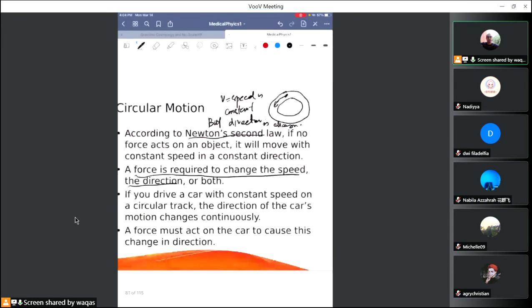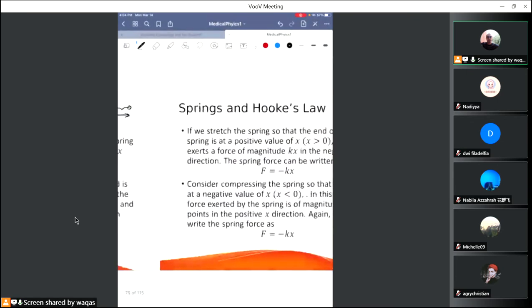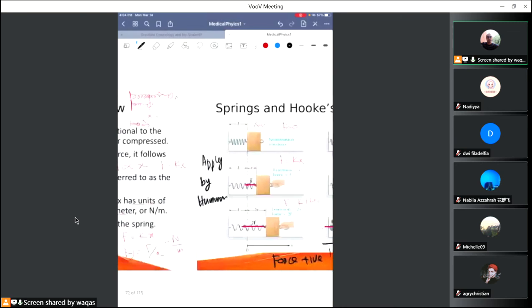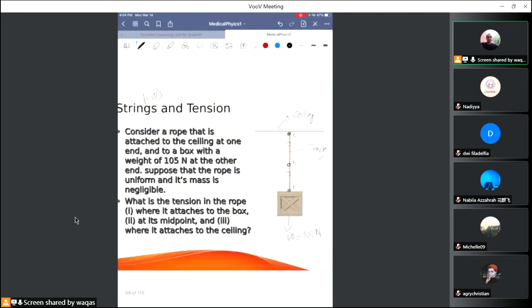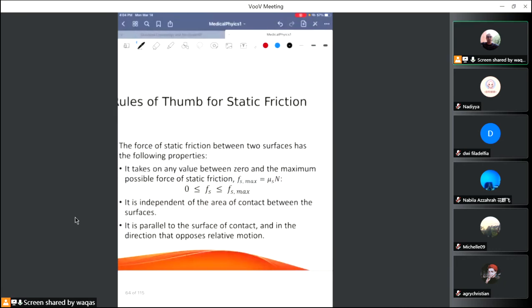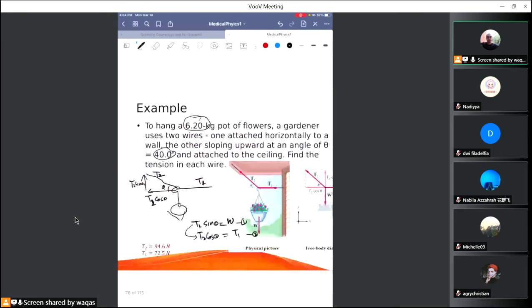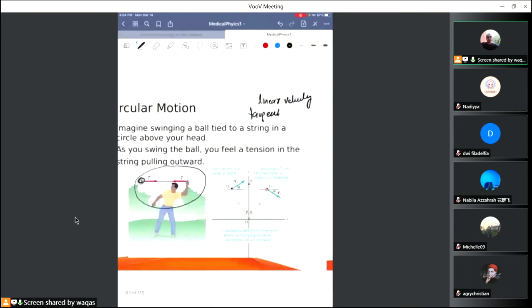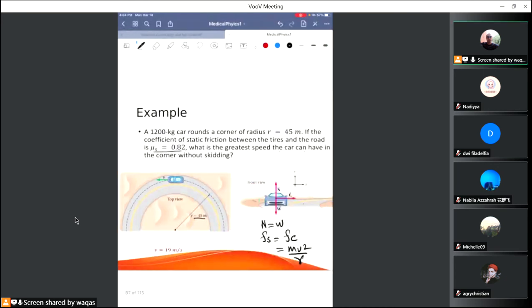I taught you before. Where is the static friction? Okay, this is the static friction formula, so you can use it here: mu s into n.